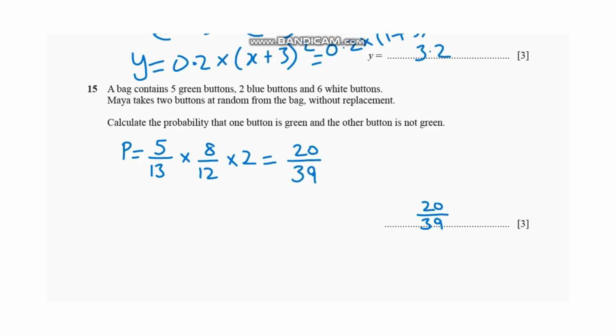So 5 over 13 for getting a green button. Then remaining will be that there is no green button for the second. So we will do 6 plus 2, which will be 8. So 8 over 12 multiplied by 2, because it is done 2 times. So 20 over 39 will be the final answer for question 15.